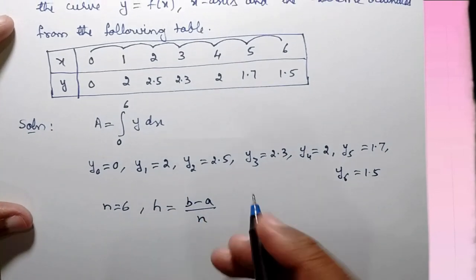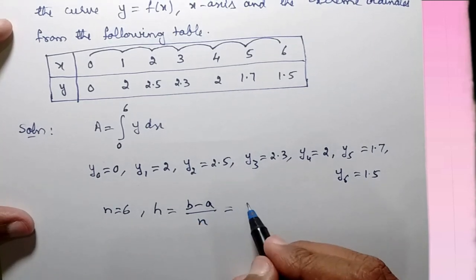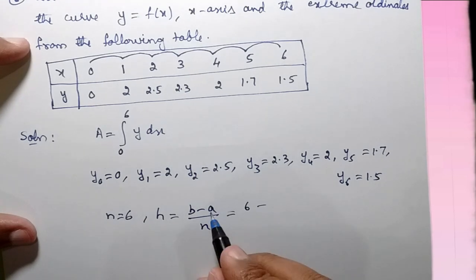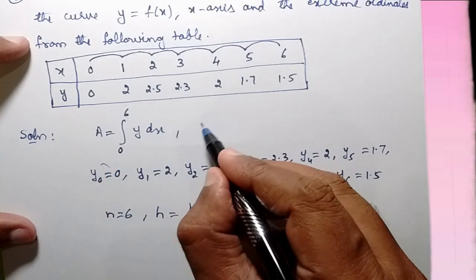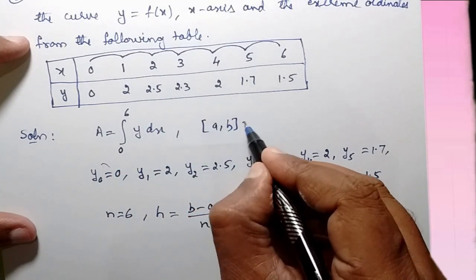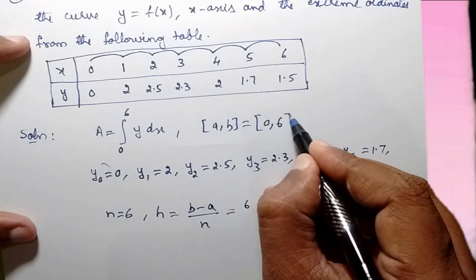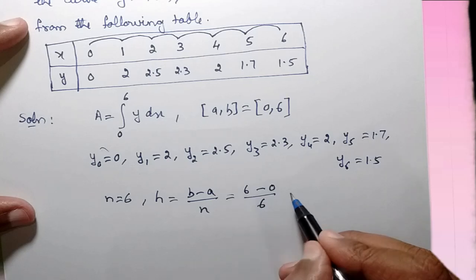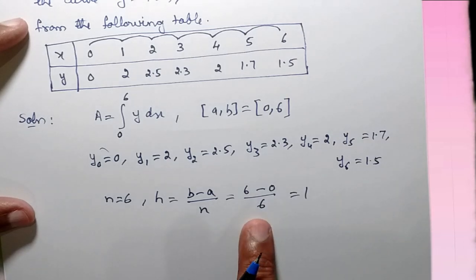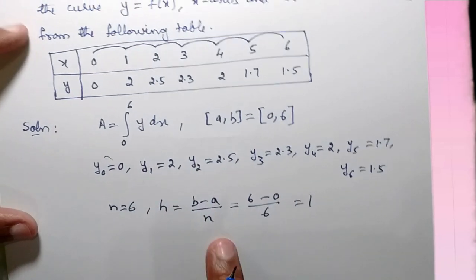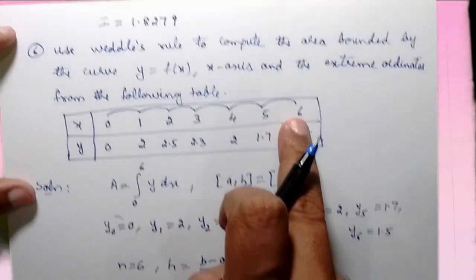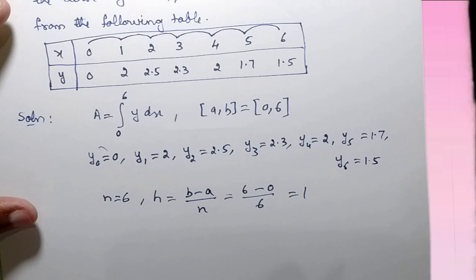Or if you want to use this result, the final value is 6 minus the initial value, a value is how much? So here the interval that you have is 0, 6. So it is 6 minus 0 divided by n value is 6. So 6 by 6 is how much? 1. So if you want, you can try this one, or directly you can see this value 0, 1, 2, 3. The difference over here is 1. So directly you can write h as 1 there.